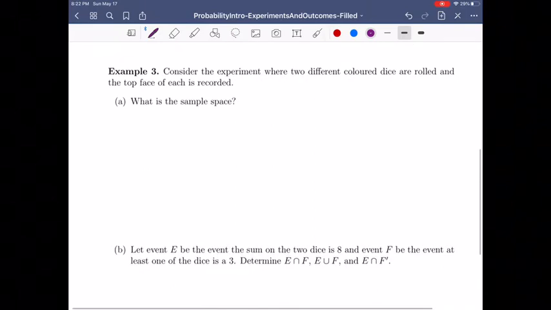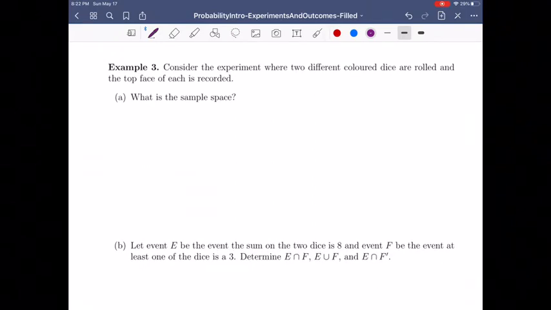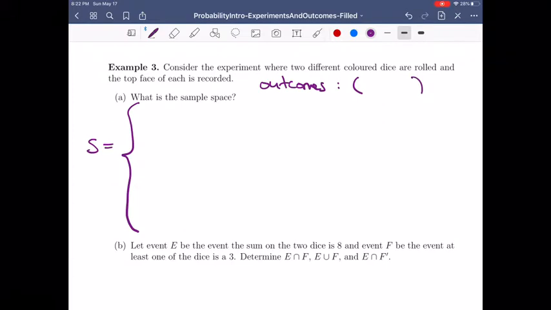Now, let's say we consider the experiment where we roll 2 different colored six-sided dice, and we record the top face of each. Here, the sample space is a little bit harder to find. Outcomes are going to look like ordered pairs.